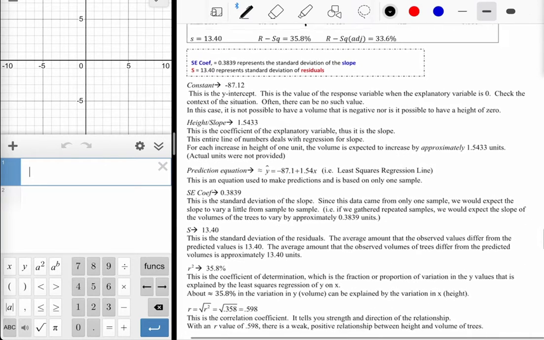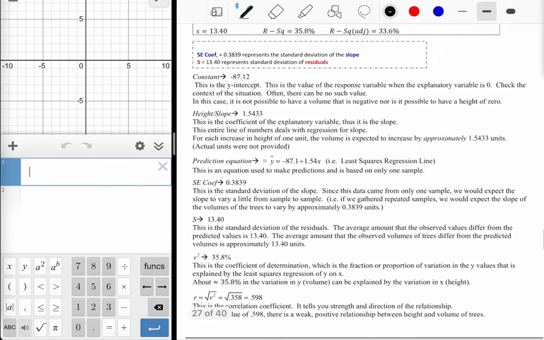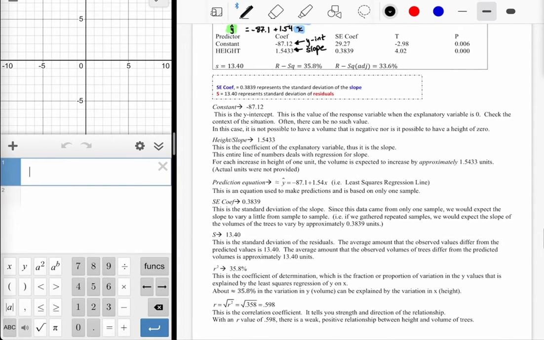The R squared we know about. I didn't do this on purpose, so it's not really a typo, although it seems that way. In the printout, it's capital R squared, and then in my description, it's lowercase r squared.